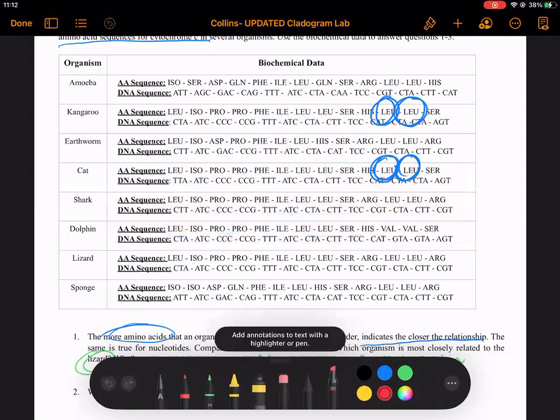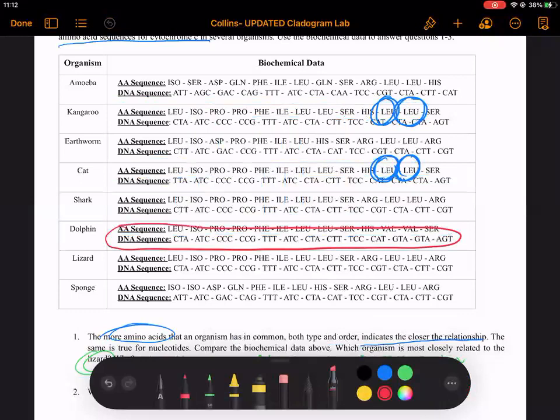Because if we look at the DNA sequence of the dolphin and compare it to the kangaroo, right, we see that CTA, ATC, CCC, CG, TTT, ATC, CTA, CTT, TCC, CAT. Oh, I see one difference here, but then the rest of it's actually the same, right?